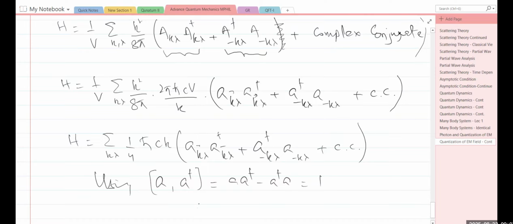So it means we could write a a† equals a† a plus 1.